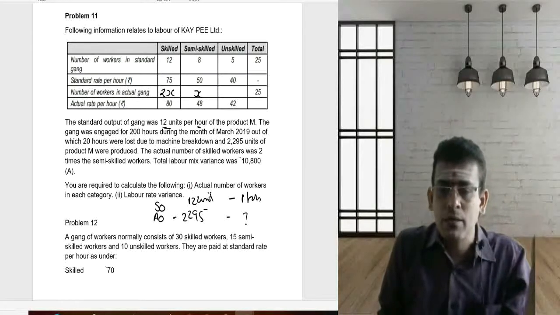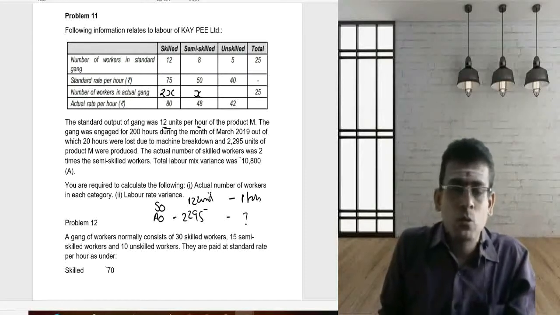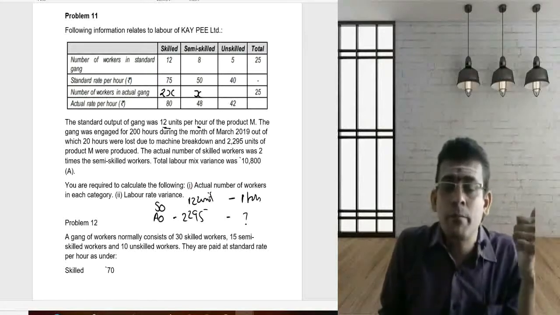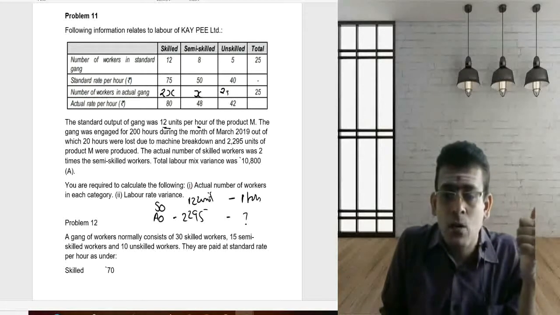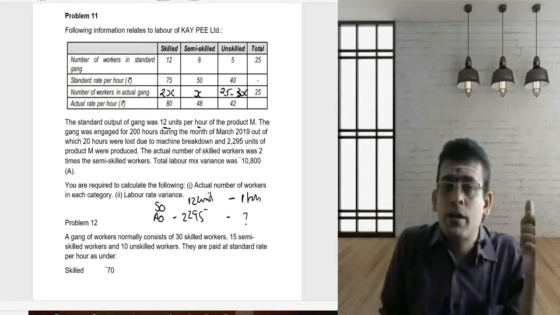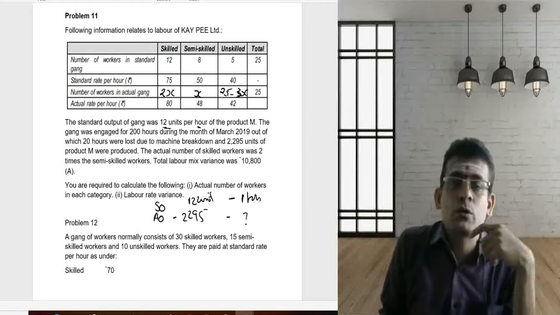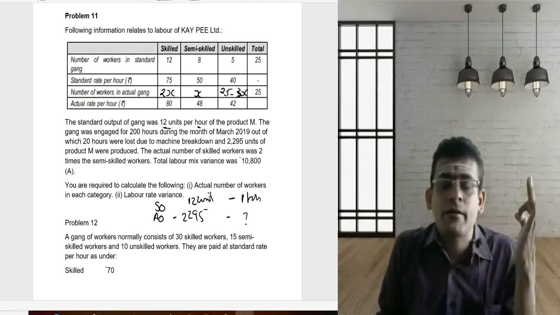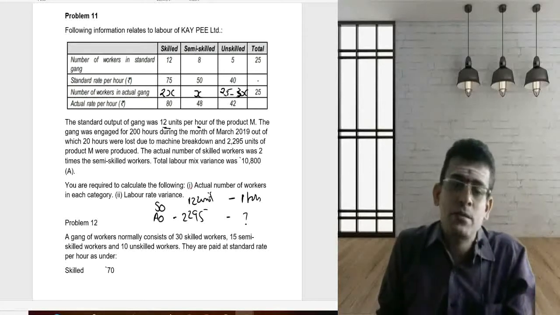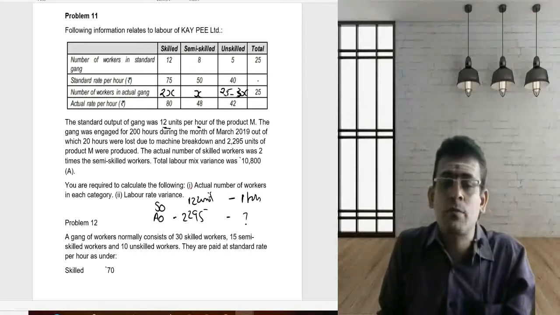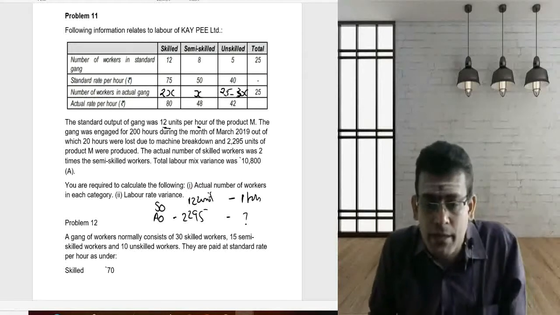So ultimately, total is 25, of the 2x and the X. That means what will be my unskilled? Unskilled count is going to be 25 minus 3x. How are you getting 3x? 2x plus x is going to be 3x. So total 25, semi-skilled is 5, skilled is 10, so it is 25 minus 15. In the same fashion, 25 minus 3x you will be getting.